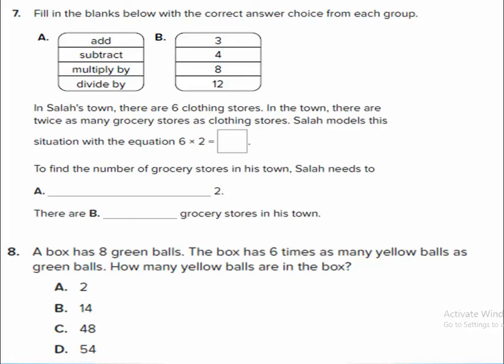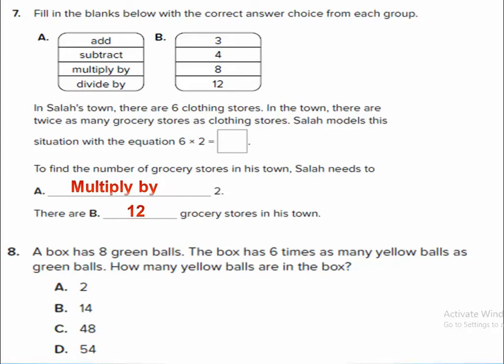It means 6 times 2. To find the number of grocery stores in his town, Salah needs to multiply by 2. There are 6 times 2 equals 12.